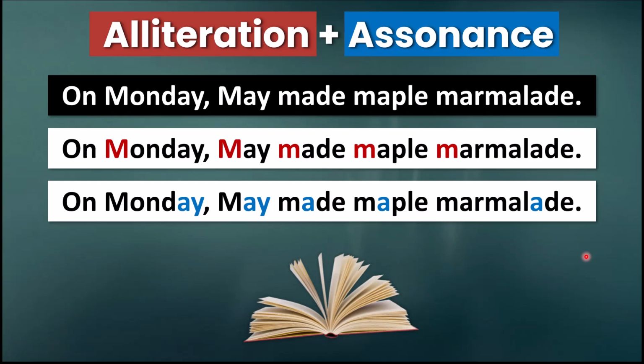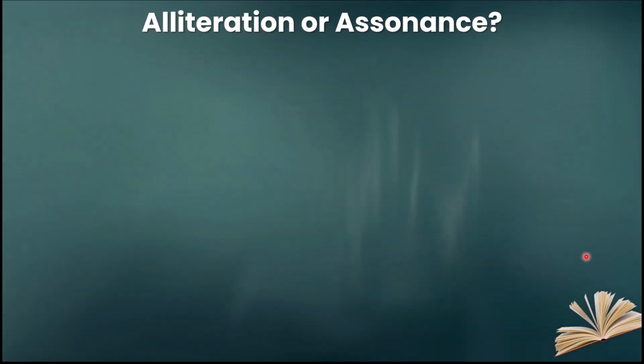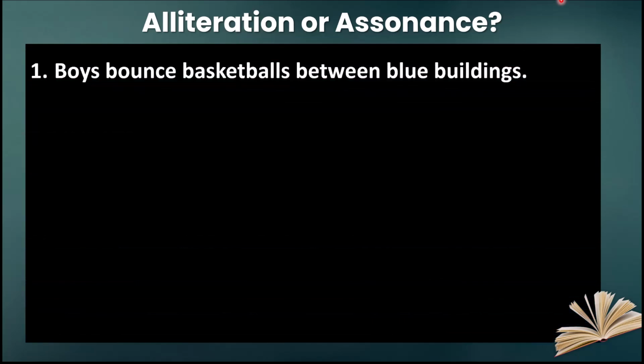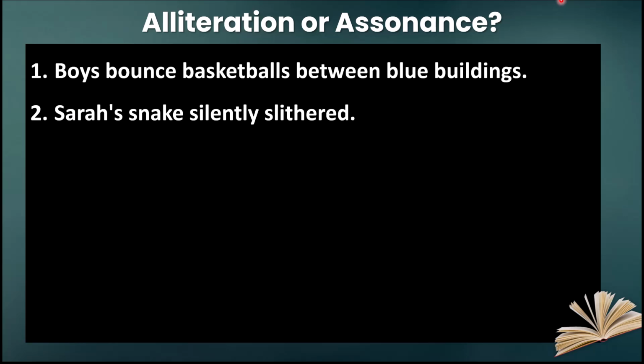So now we're going to go on to a quiz, and you must identify if the sentence contains alliteration or assonance. Now, in this quiz, you don't have to look for examples of both. It should be quite obvious if the correct answer is one or the other. Let's begin. Number 1. Boys bounce basketballs between blue buildings. Number 2.